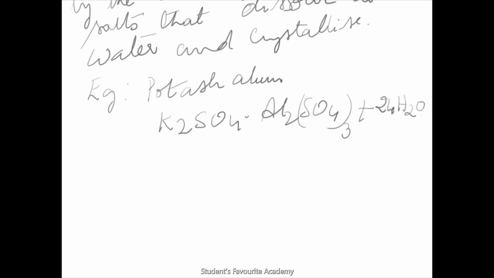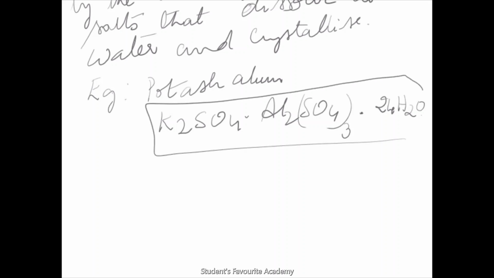That means these two salts, when they crystallize, they also crystallize along with 24 molecules of water. So this is the double salt of potassium sulfate and aluminum sulfate. This formula is very important.